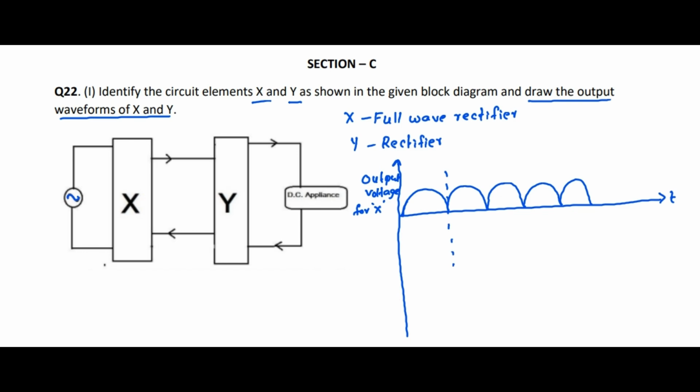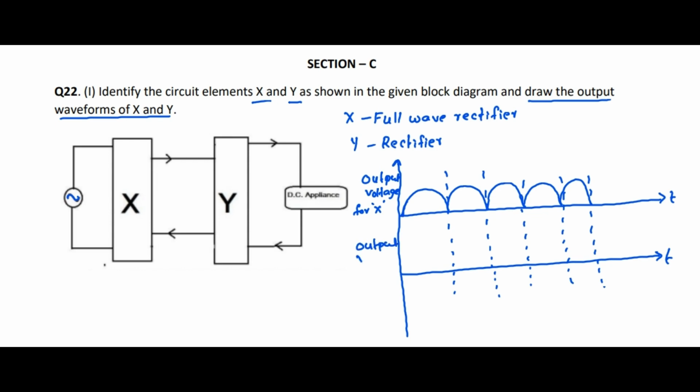Now while coming to the rectifier, these are pulsating output. We have to smooth these pulses. This one has the AC components as well as DC components. Output voltage or current for rectifier.